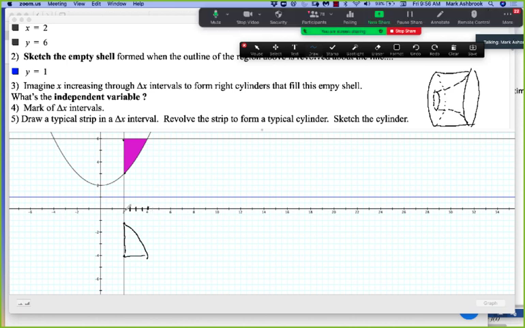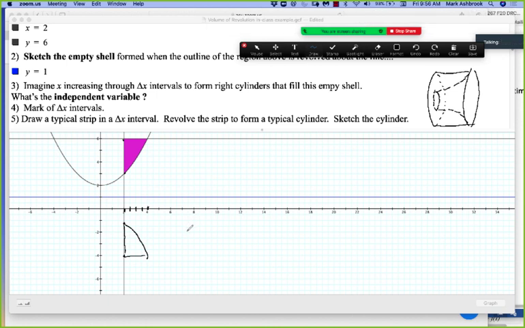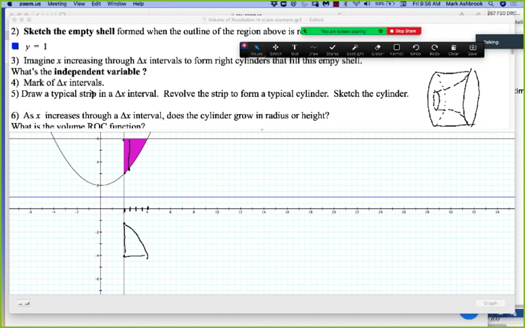Okay, so we got delta x intervals like that. And now we're going to do our typical strip in a delta x interval, and that's going to be in the region. So I'll just come here to the second interval here. So starting at the second interval, I'm going to drop like this. And let's change the color of that so my black shows up a little better.